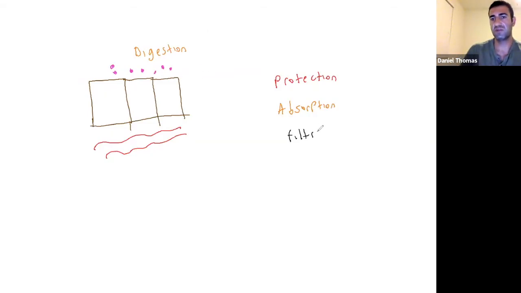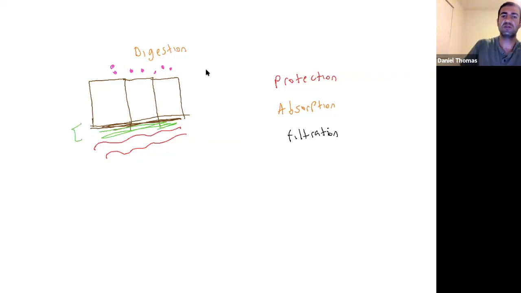So let's say that something is going to be filtered from the epithelium to the blood. Well, that basement membrane here, which recall is the basal lamina and the reticular layer, not only acts to anchor, but also acts to filter certain molecules.